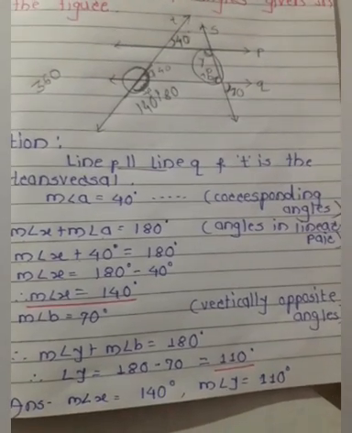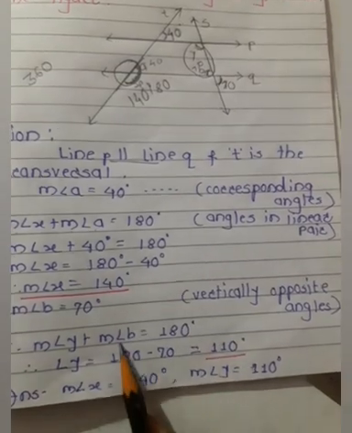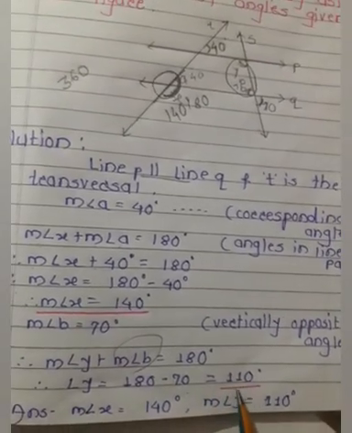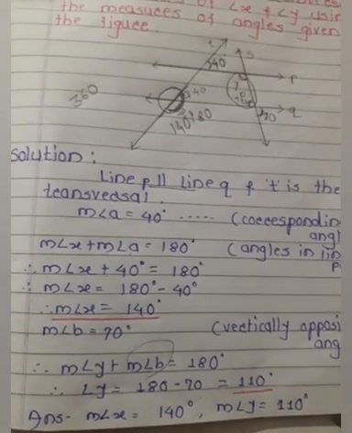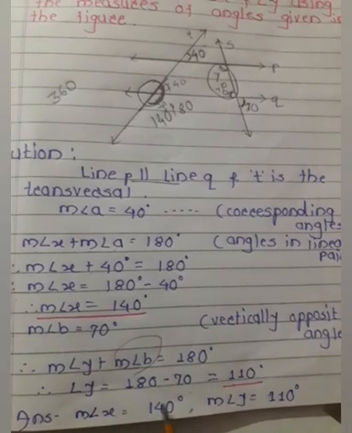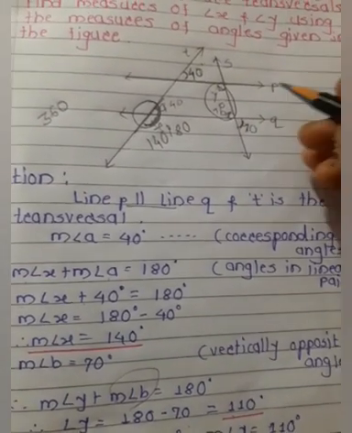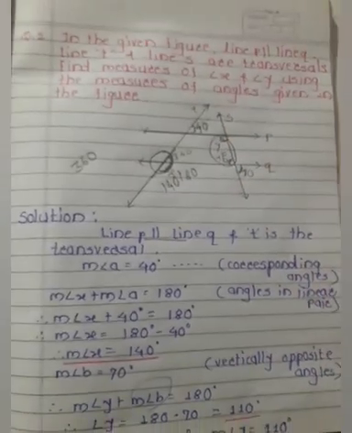That's why the measure of angle Y is equal to 180 minus 70, B is equal to 70 degrees, which is equal to 110 degrees. That's why the final answer: the measure of angle X is equal to 140 degrees and the measure of angle Y is equal to 110 degrees. Okay, got it. Thank you.